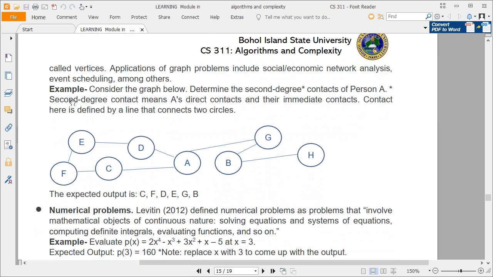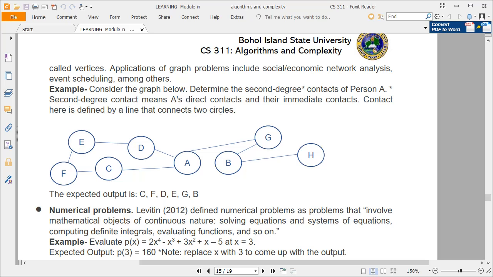For example, we consider the graph below, then determine the second degree contacts of person A. So, second degree contacts means A's direct contacts and their immediate contacts. Okay, so contact here is defined by a line that connects two circles.